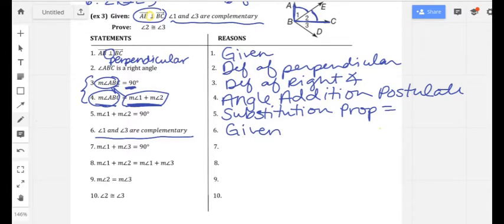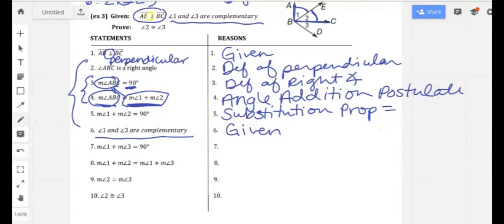Okay, so now the reason why sometimes they split up the given is they'll list the first piece of given information and then they'll pretty much do everything they can using that given information, so using the perpendicular lines, and then they move on to the next piece of given information. So 1 and 3 are complementary is next, and now we're going to list everything we can about that. So remember that complementary angles are angles that add to 90.